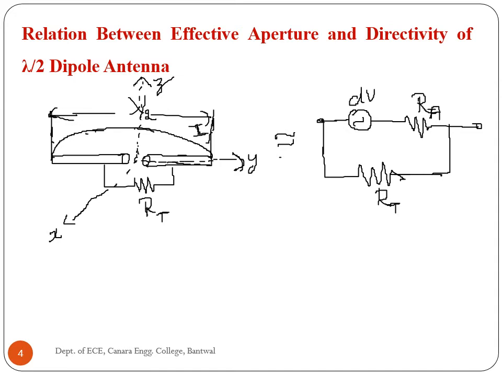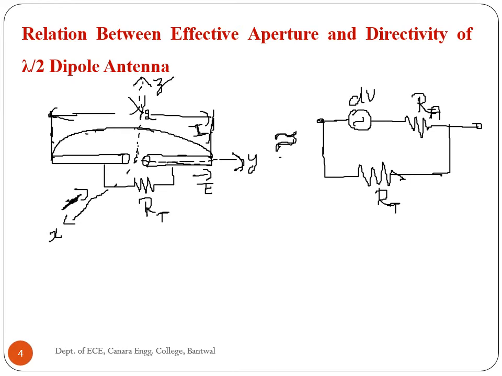A plane wave incident on the antenna is traveling in the negative x direction. The wave is linearly polarized with field E in the y direction. The equivalent circuit is shown here. The antenna is replaced by an equivalent generator.